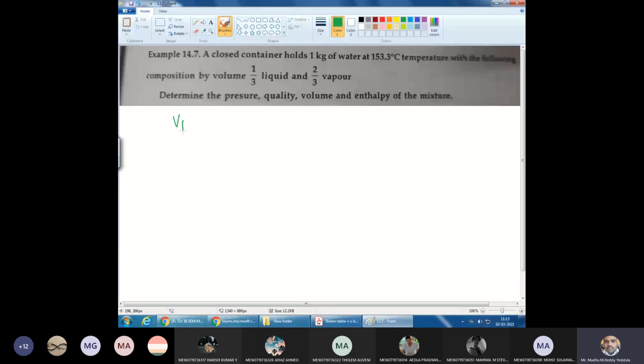Right. Volume of the fluid 1/3, volume of the gas 2/3, mass 1 kg, temperature 153.3. We know that volume can be written as mass multiplied by specific volume. So in that fashion, I can write Vf by Vg as mass into specific volume by mass into specific volume.